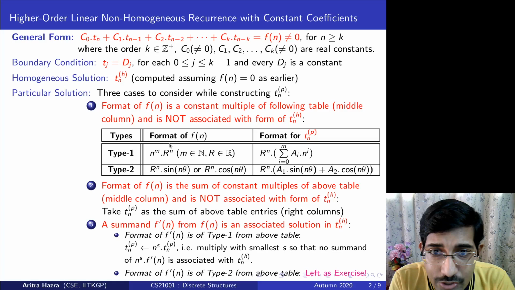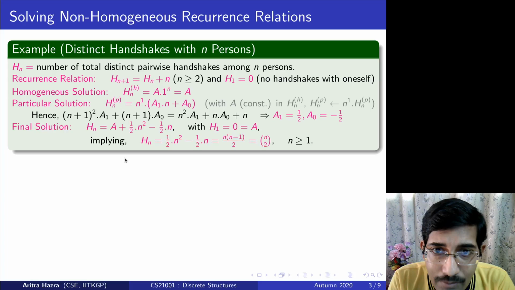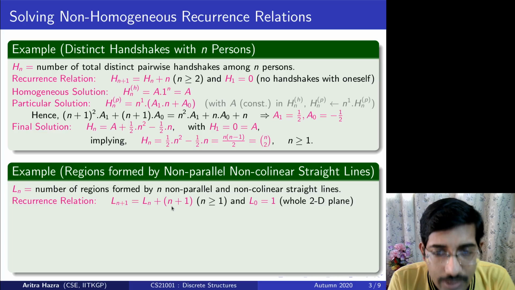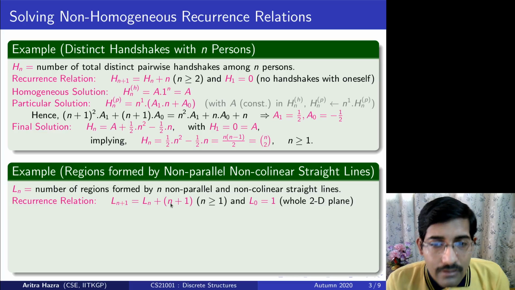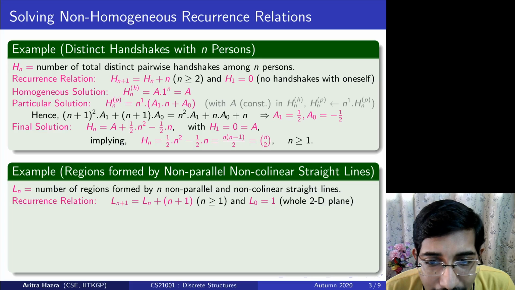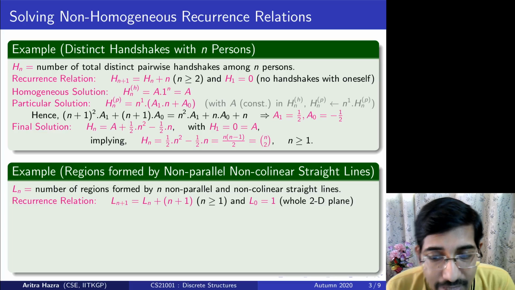So it's a constant multiple of this plus of this type. So there is type 1 plus type 1 again in this recurrence function n. So the particular solution will take two of the answers from the table and add them in such a way that it becomes independent as well.